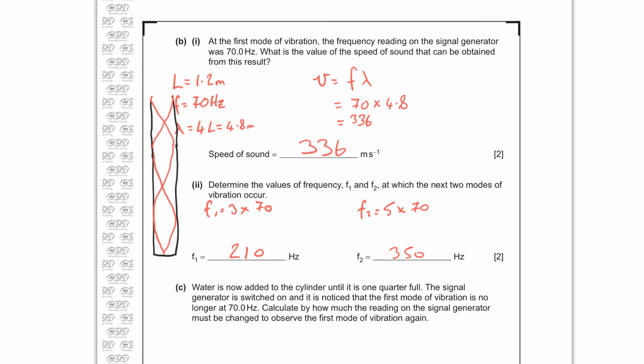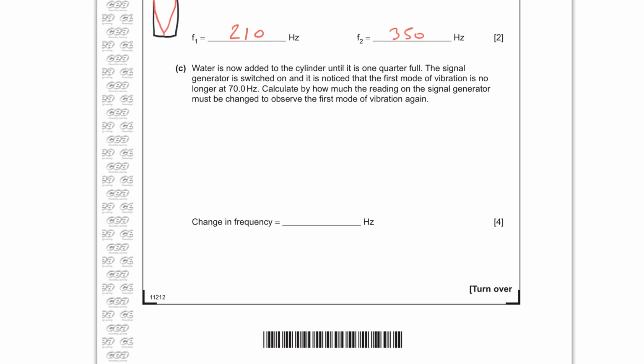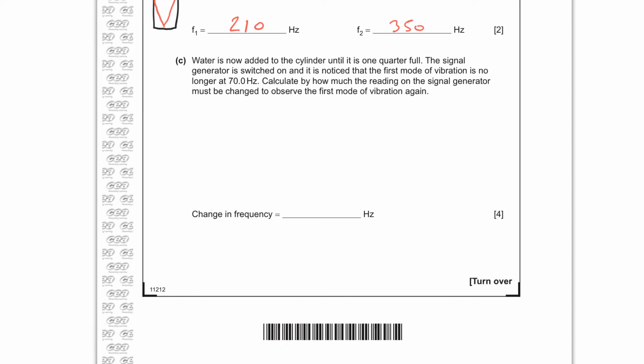Okay, part C. Water is now added to the cylinder until it is 1/4 full. The signal generator is switched on, and it is noticed that the first mode of vibration is no longer at 70 Hz. Calculate by how much the reading on the signal generator must be changed to observe the first mode of vibration. Okay, so it's a quarter full.